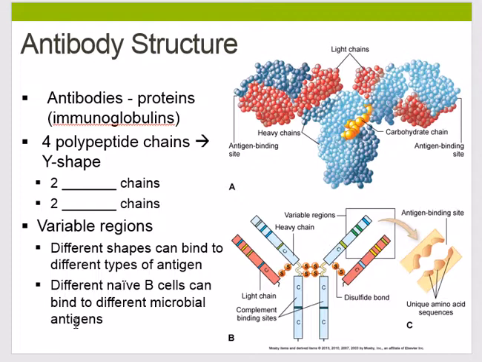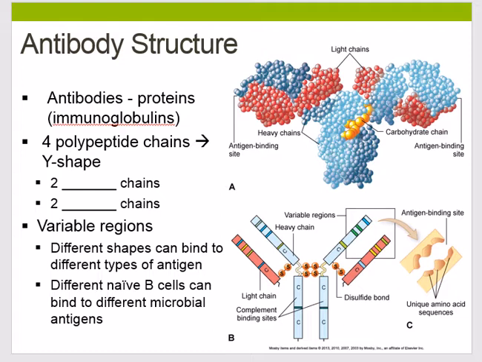Each immunoglobulin molecule consists of 4 polypeptide chains, 2 are heavy and 2 are light. The chains are folded in such a way to form globular regions that are joined together so that the immunoglobulin forms a Y shape.